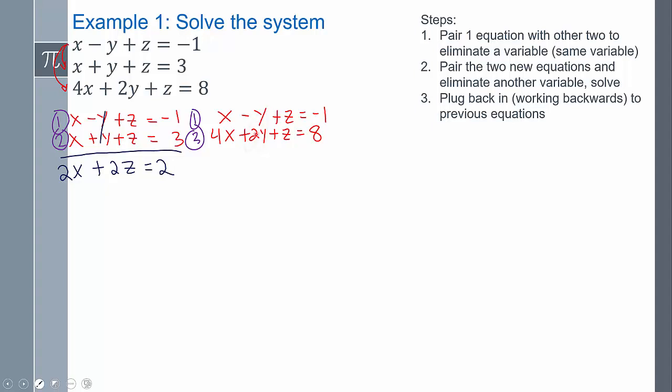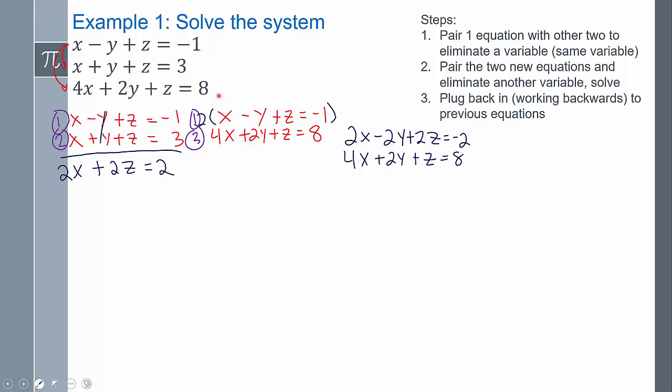Now looking at this pairing, the negative y and the 2y, if I add those together, the y is not going to disappear. So I need to multiply by a number to make them opposites. So if this is positive 2y, I need this to be negative 2y. So I can multiply top and bottom by 2.